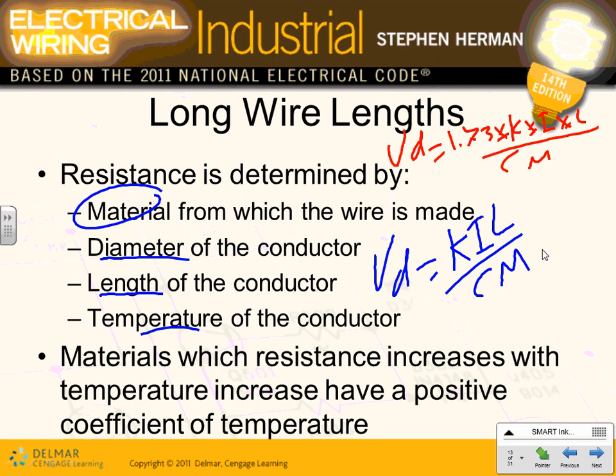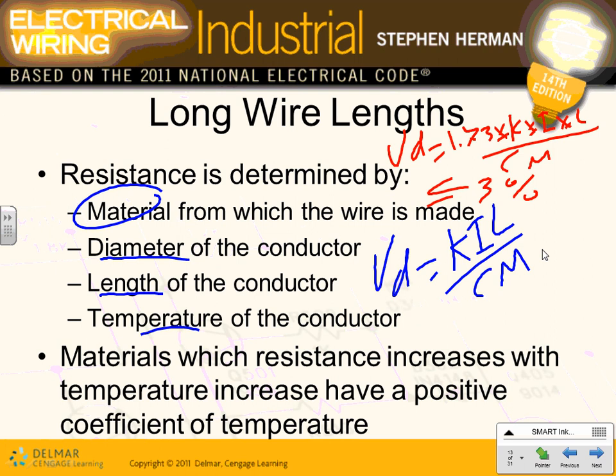L is how far the panel is, say 100 feet, multiplied by K, typically 11 something for copper. Circular mil is for the conductor size, say we're using 1 ohm, you find the 1 ohm circular mil, divide them, and that'll get you how much voltage drop you have. Obviously, your voltage drop has to be 3% or less for feeders.